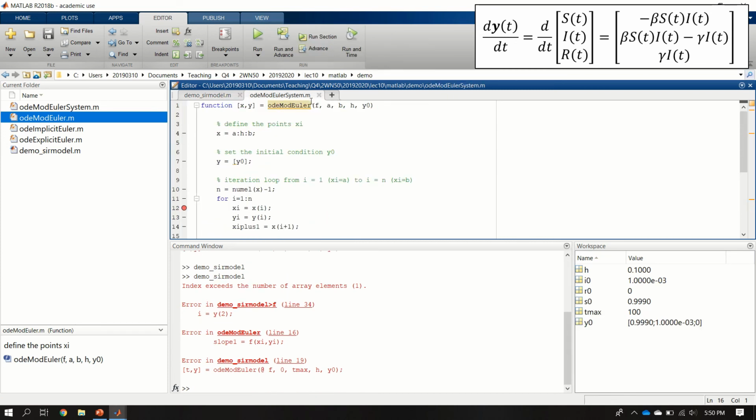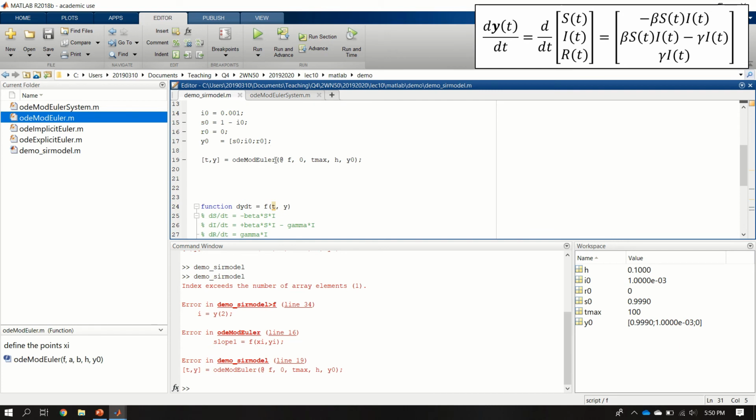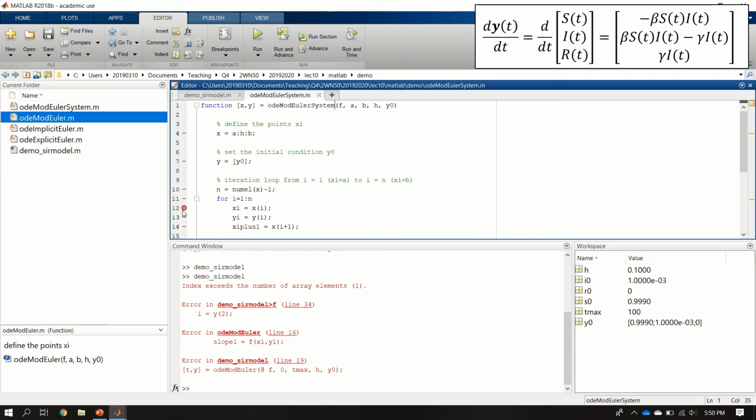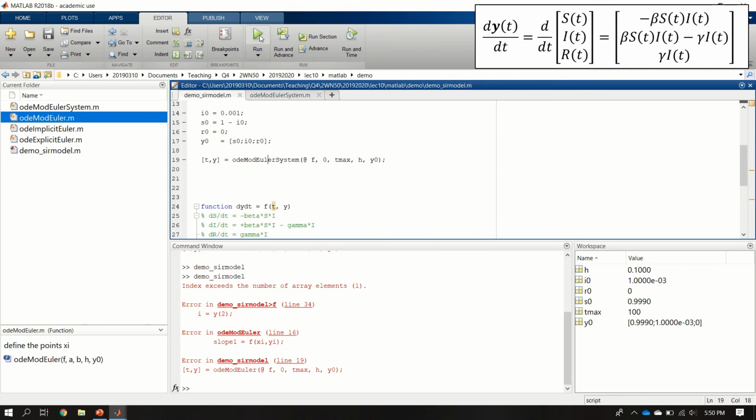This is ODE mod Euler system that we need, and we want to call not the ODE mod Euler, but the ODE mod Euler system function. And we put a breakpoint over there to see what goes wrong when we're calling this function f.